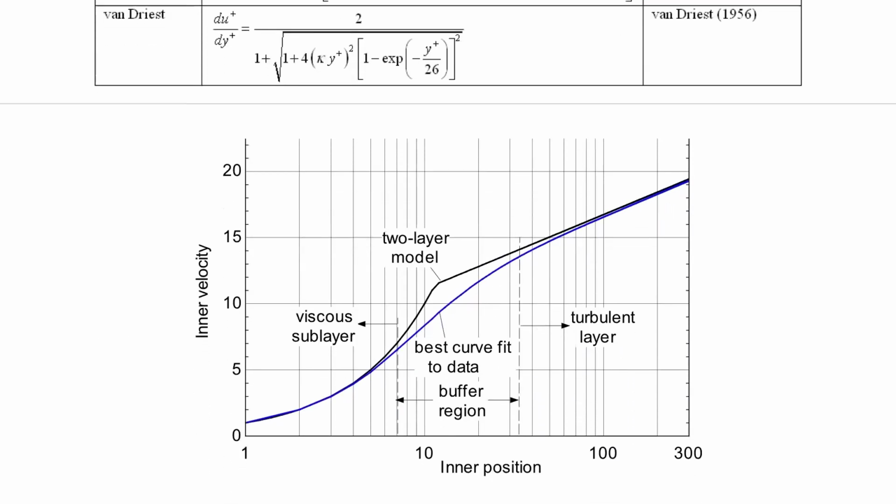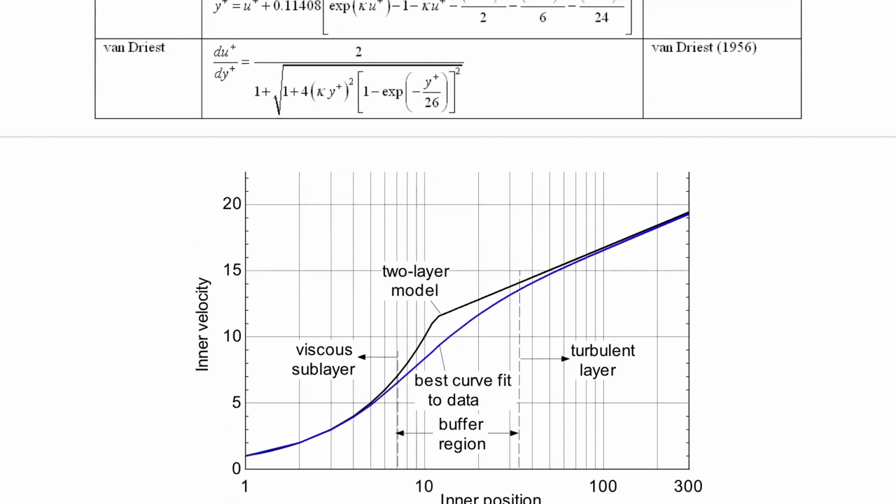But if you wanted something more comprehensive, then you'd need a more complicated formulation. The rule of thumb is you always do the simplest thing you can get away with. It depends on your situation, but somebody who's done a lot of modeling in this area would have their preferences.